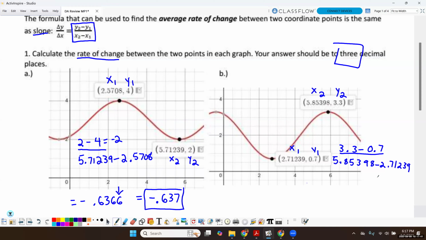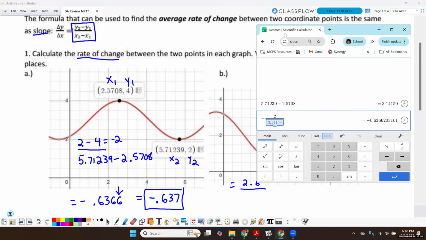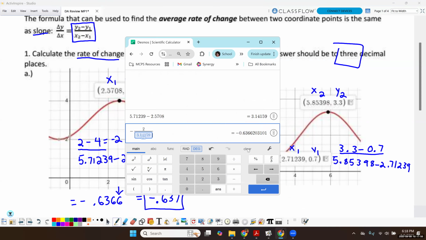Now I'm going to grab my calculator, and I know the numerator is 2.6. I don't know what the bottom one is. So let's see. Clear.